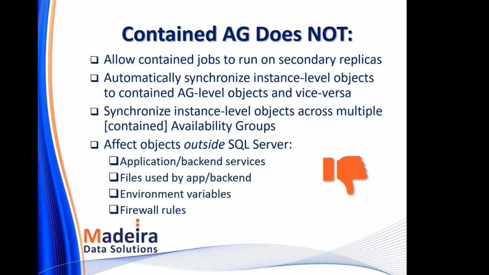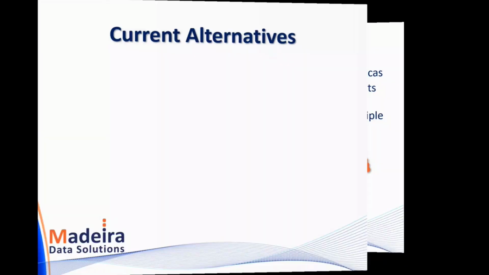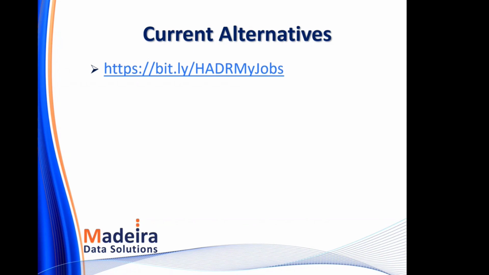And okay, so let's see about the current alternatives to those drawbacks. As I said, about jobs, we have had my jobs. And in terms of other server level objects, I strongly recommend DBA tools. It's a module for PowerShell with a bunch of commandlets.